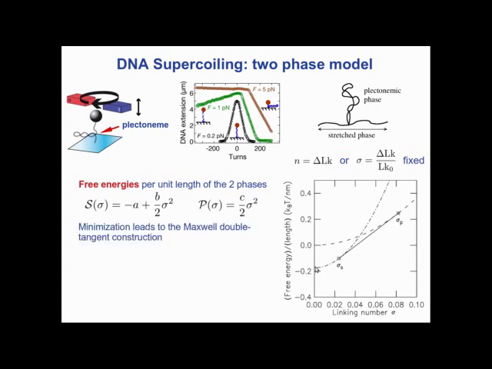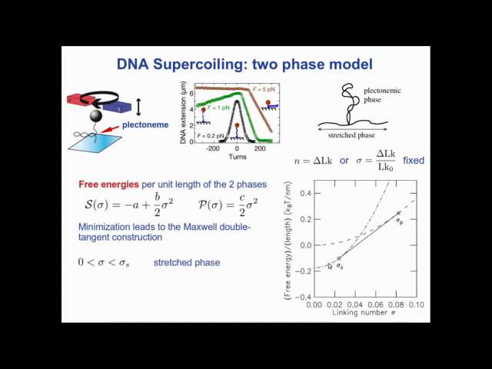So we have to deal with these two free energies, and we know how to do this from thermodynamics. If I minimize the global free energy, I obtain a Maxwell construction, which is the double tangent construction connecting 2 points here.